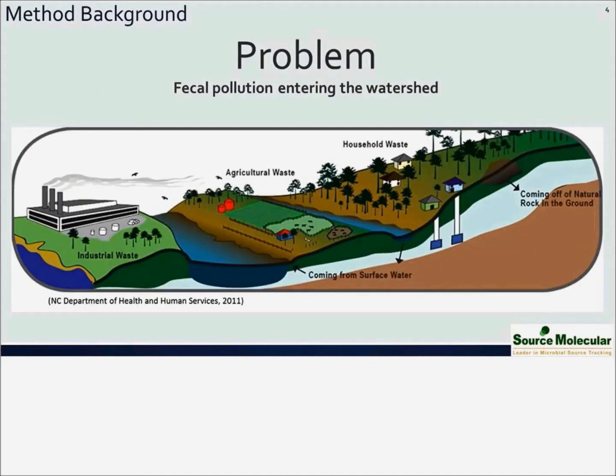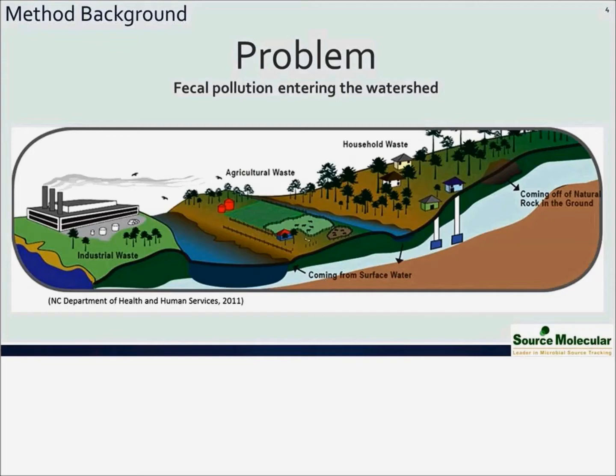The problem that microbial source tracking is trying to address is the introduction of fecal pollution into a watershed. Monitoring is occurring to see if there is, in fact, fecal pollution within the watershed. The challenge is that the source of the fecal pollution is not obvious. Sometimes it could be coming from household waste, other times from agriculture, other times from industrial waste.